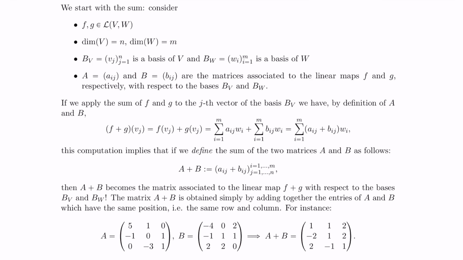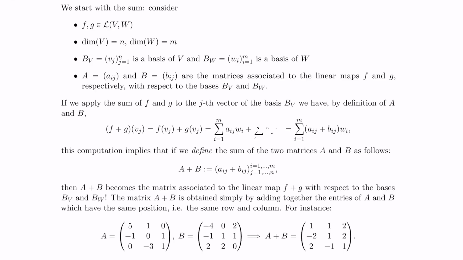So if you apply the function sum f plus g over the jth vector of the basis v_j, thanks to the pointwise linear structure, you can decompose this into the sum of f of v_j and g of v_j. We have just recalled that in terms of the entries of the matrices A and B, this can be written like this, and using the property of the sum, we can write it in a compact way like this.